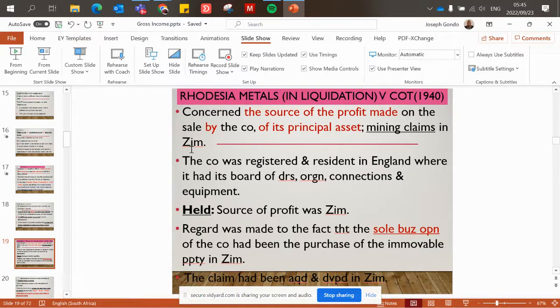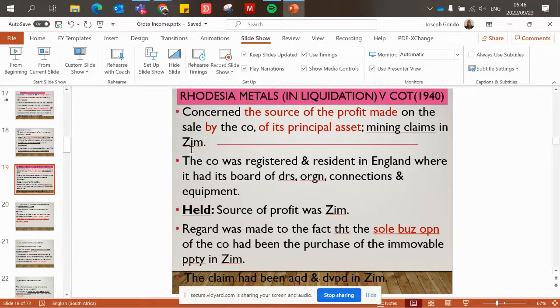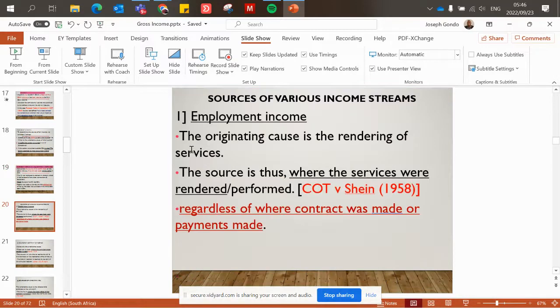Why? Because regard was made to the fact that the sole business operations of the company had been the purchase of property in Zimbabwe. The claim had been acquired and developed in Zimbabwe. So the source of that amount that was received on the sale of the mining claims was Zimbabwe.